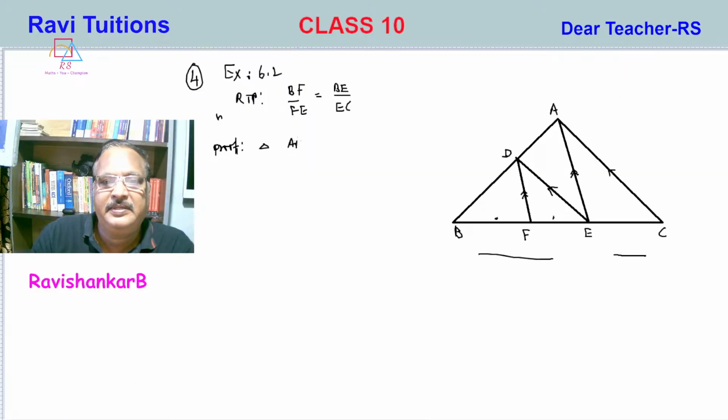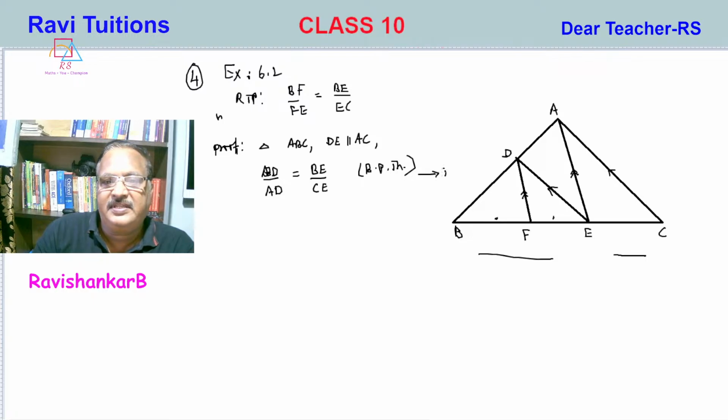In triangle ABC, DE is parallel to AC. So by the basic proportionality theorem, let me write BD by AD is equal to BE by CE. Let us say this is the first equation.